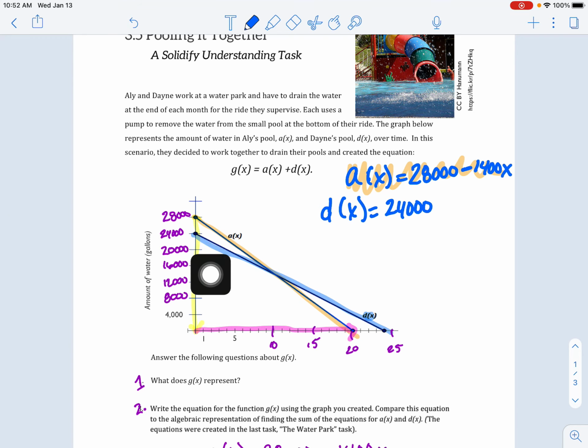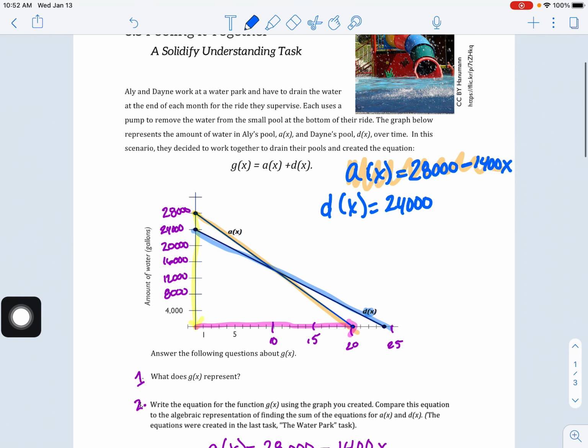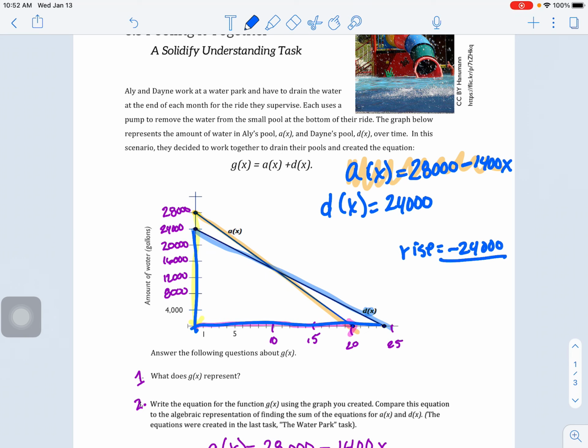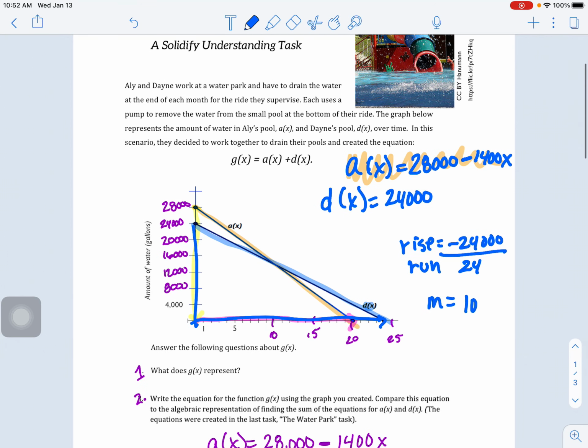The rise for Dane was negative 24,000 gallons, because he drained. How long did it take him to drain those 24,000 gallons? It took him 24 minutes, so that was my run. So my slope is those two divided: negative 24,000 divided by 24 gives 1,000 gallons per minute.